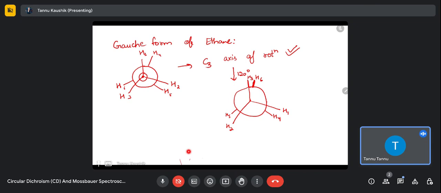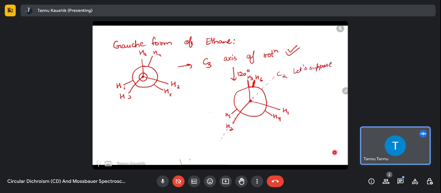Then we will find out whether we have 3 C2 perpendicular to this C3 axis of rotation. Let's say this is the C3 axis of rotation which is coming out of the plane of the board through the center of the molecule, and let's say this is the C2 axis present in the molecule.